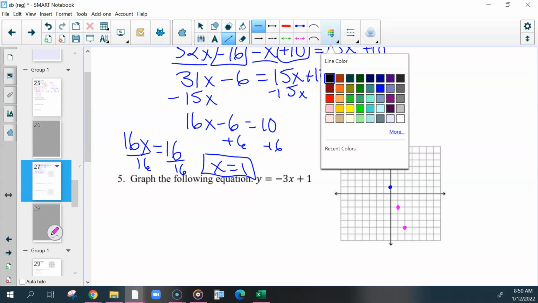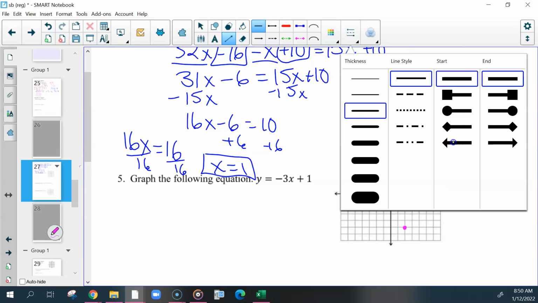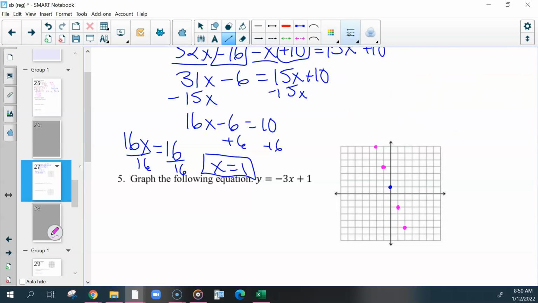Draw a line through those points, and make sure you have arrows. Questions on either of those two?